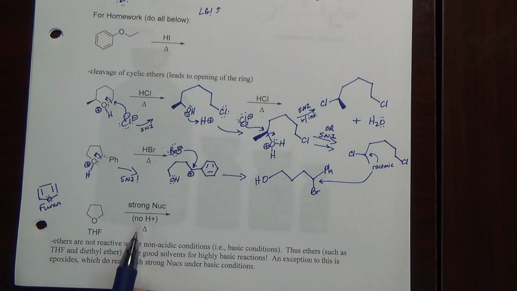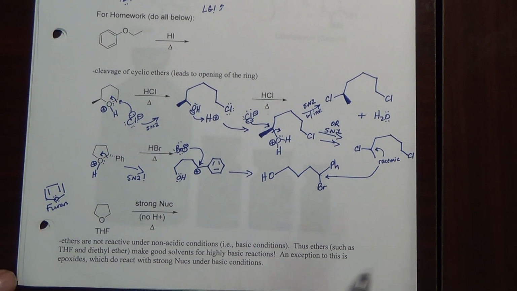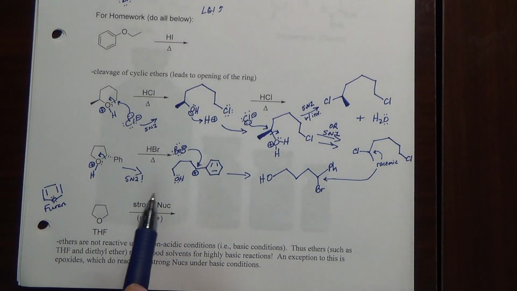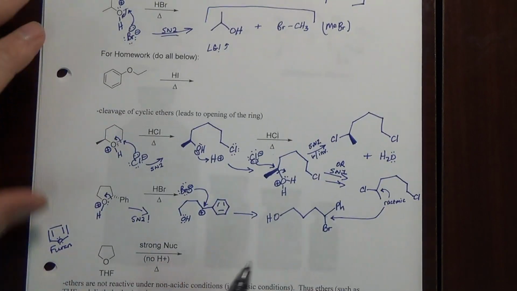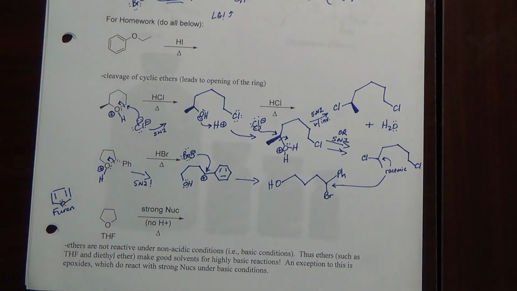What if we reacted this with a strong nucleophile with no acid? And it doesn't matter that it's THF. This could be any ether. It could be any of these up here. What if you reacted these with a strong nucleophile and no acid?